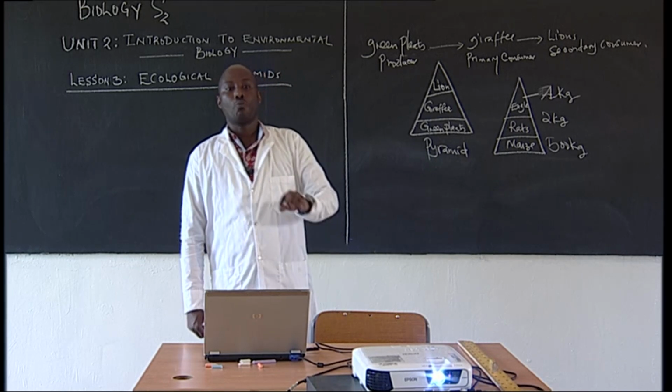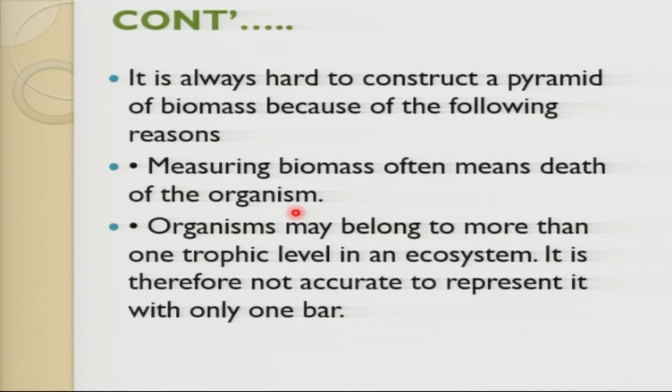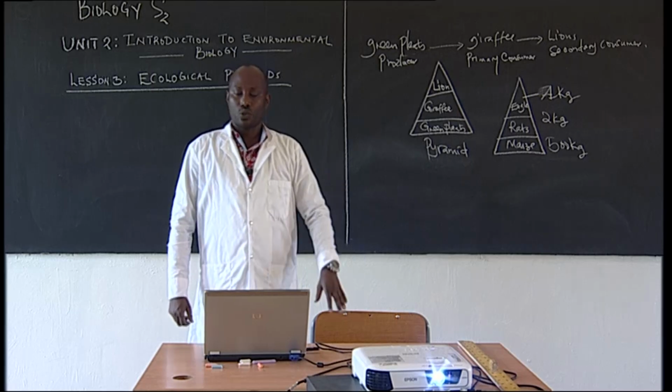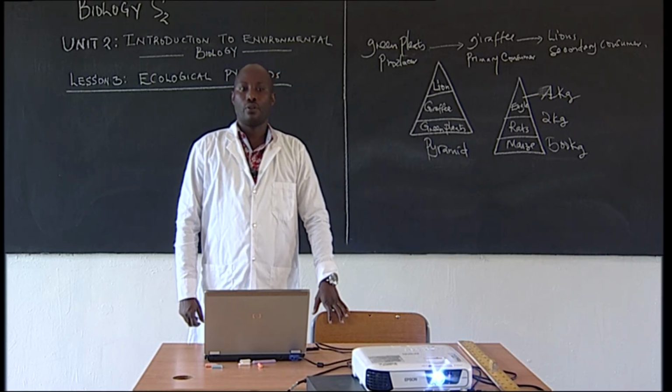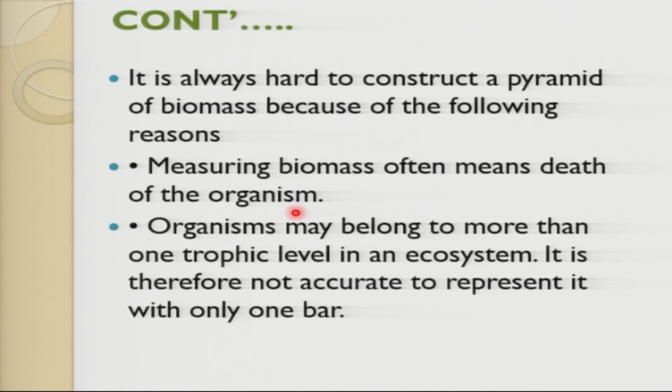An organism may belong to more than one trophic level in an ecosystem. So it is therefore not accurate to represent it with only one bar. That's why it is very hard to construct a pyramid of biomass.